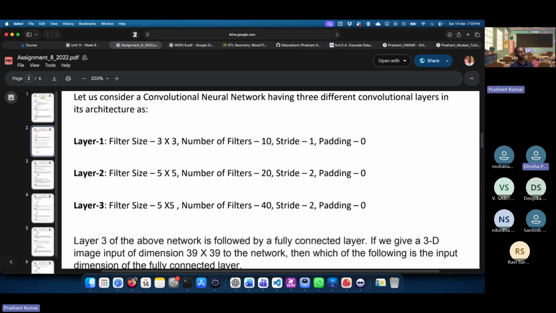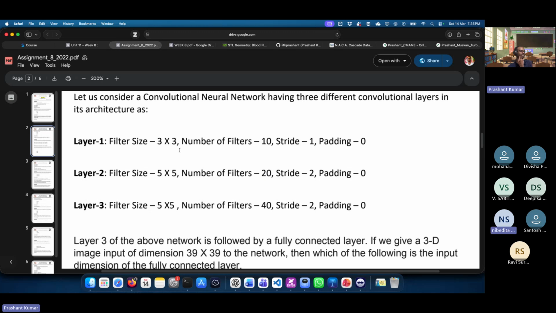Then 37 is fed to the second layer: 37 minus 5 is 32, divided by 2, plus 1, gives 17 by 17. Then 17 minus 5 is 12, divided by 2, plus 1, that is 7 into 7.